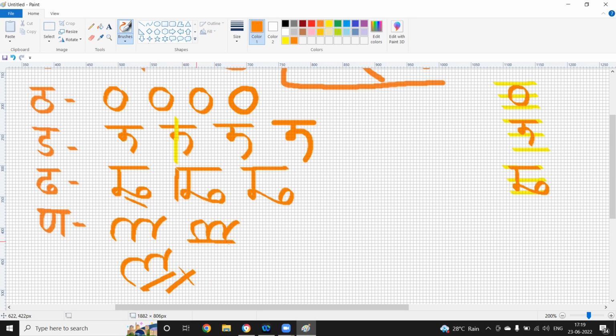It has to be in a straight line, whether you start from left to right or right to left. And this loop in the beginning, the left hand side loop, you can curl a little bit inwards, as you see I've done it here. So this is no.